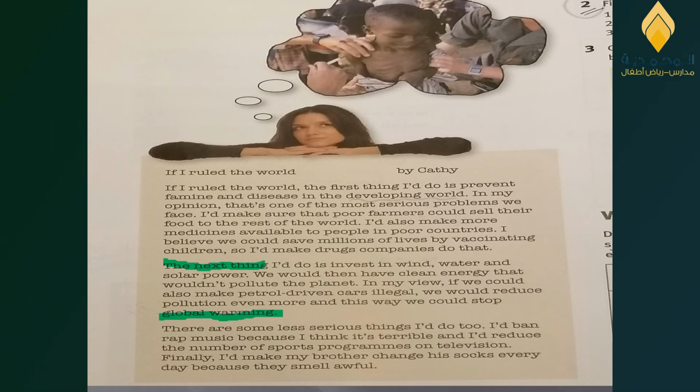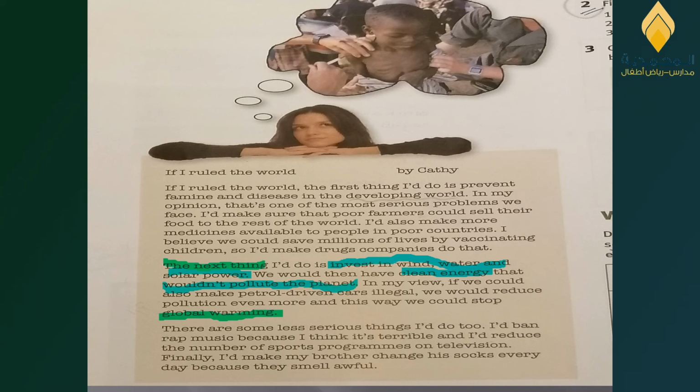She solved the problem by investing in wind, water, and solar power. She gave us extra information about those, which is that they are clean energy and that they won't pollute the planet.